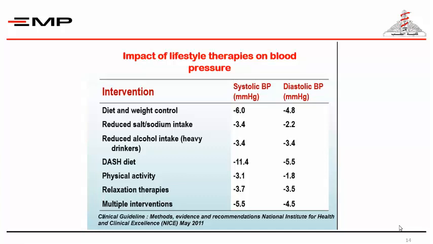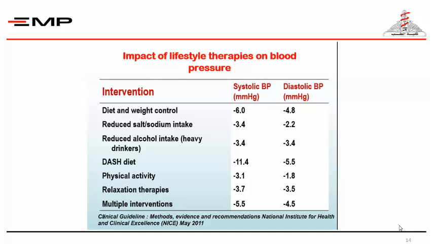This table shows how lifestyle modifications can reduce the systolic and the diastolic blood pressure by variable degrees. It's worth saying that it is a cumulative effect. So if you are working on more than one item of lifestyle modification, you will have a cumulative effect, and the reduction in systolic and diastolic blood pressure will be more than if you worked on one item.